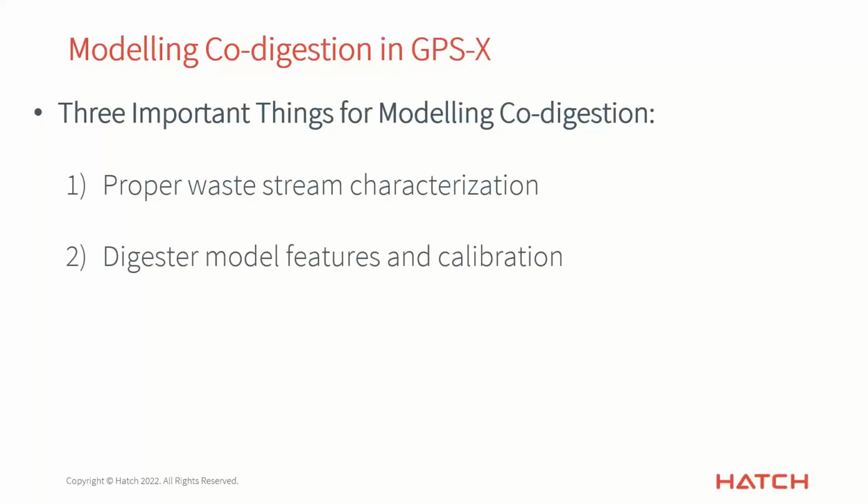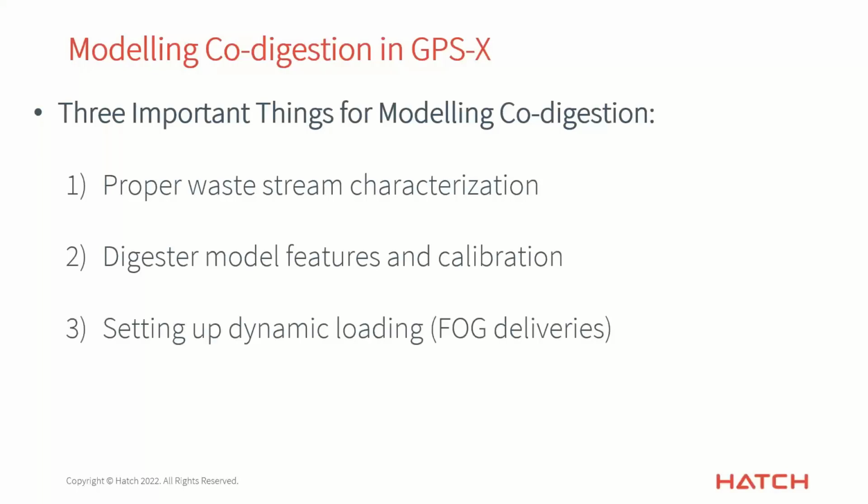There are some digester model features and parameters that you can tune for calibration, and I'll go through an example of that shortly. And lastly, I'll show you how to set up a dynamic loading, so you can have trucks coming at certain times of the day with certain amounts of loads and so on. There are many other aspects you could choose to do with your co-digestion simulations, but I'm just going to stick to these three important ones today.